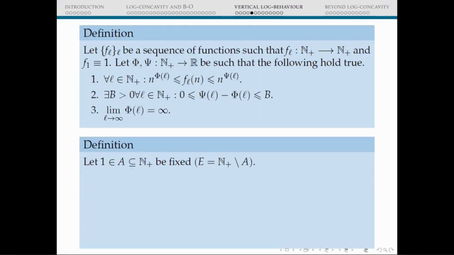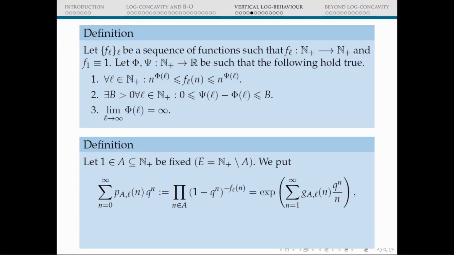So what do we get? Now we can take our set A of positive integers for which we have 1 as a part of this set. And it turns out, if we define the generating function of the following form, so these numbers are defined by the generating function of the following form, then we are able to say something about the log-concavity and log-convexity as well.